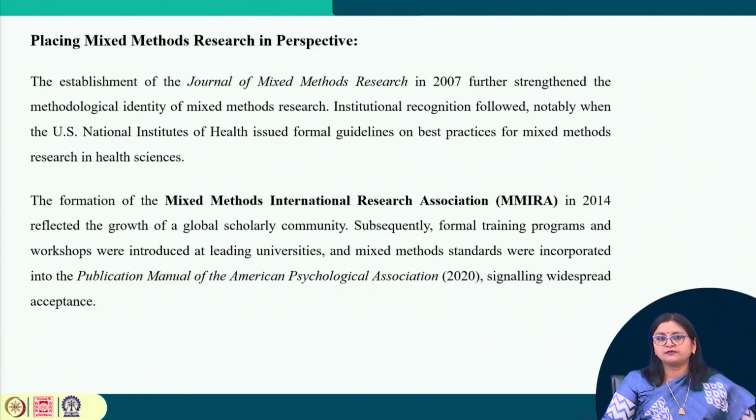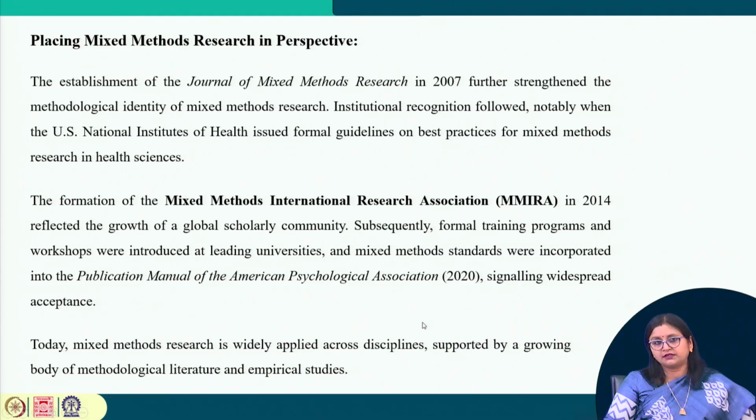The formation of the Mixed Methods International Research Association, MMIRA, in 2014 reflected the growth of a global scholarly community, and subsequently formal training programs and workshops were introduced at leading universities, and mixed methods standards were incorporated into the publication manual of the American Psychological Association in 2020, signaling widespread acceptance of mixed methods research.